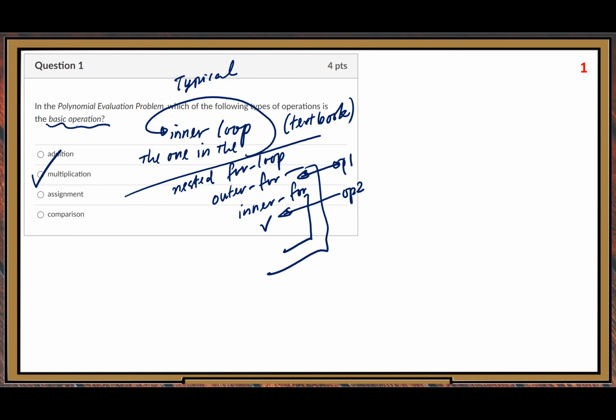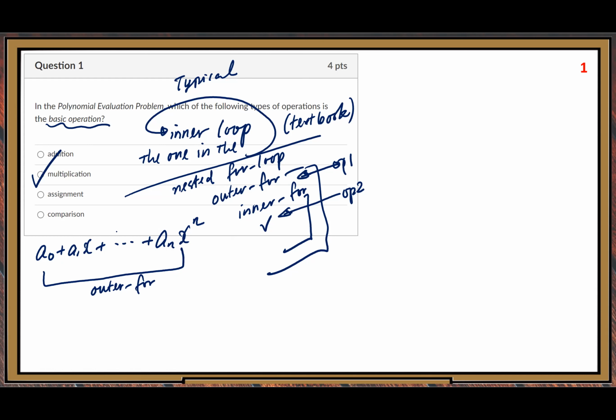If you look at the polynomial structure, a0 plus a1x plus and so on, you use an outer for loop and go through all the terms.